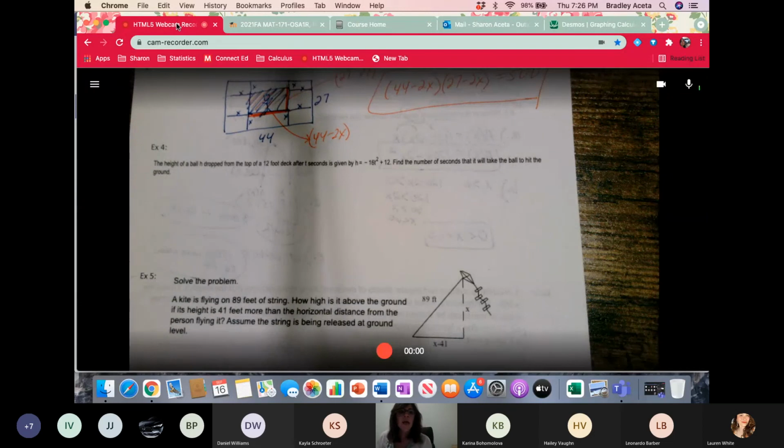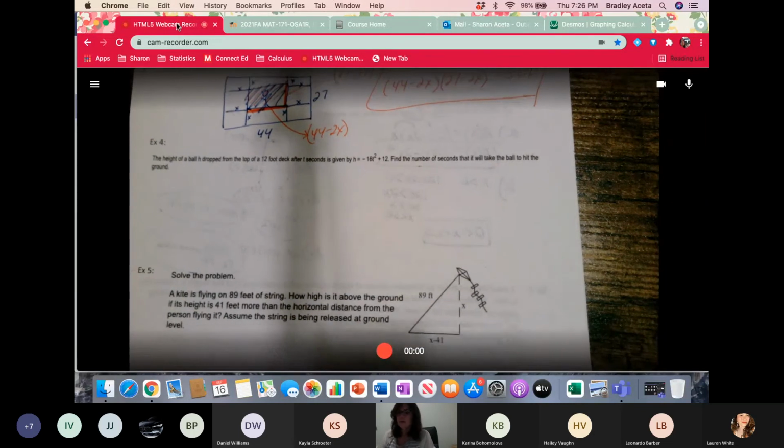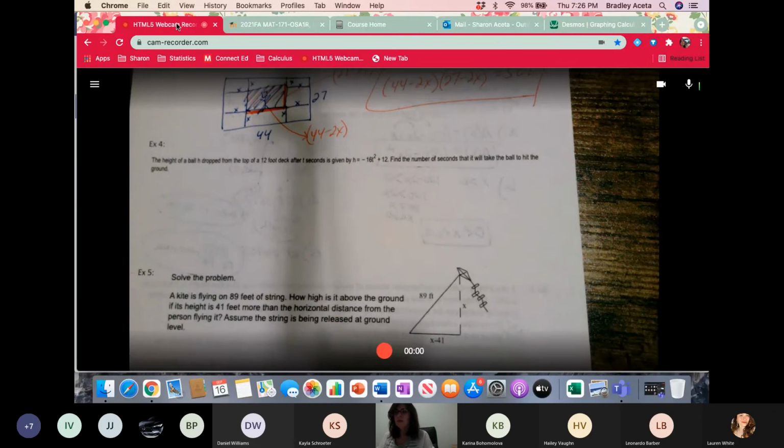This is a common one. Height of a ball dropped from the top of a 12-foot deck after t seconds is given by negative 16t squared plus 12. Find the number of seconds that it will take the ball to hit the ground. We've kind of done this before. So if this is our position function, height, in order to be hitting the ground, my height would be 0.